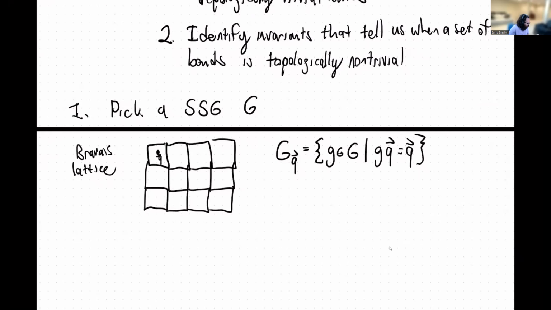A group that leaves a point invariant is called a point group. This is how we characterize our point groups. So G sub Q is isomorphic to one of our magnetic point groups.